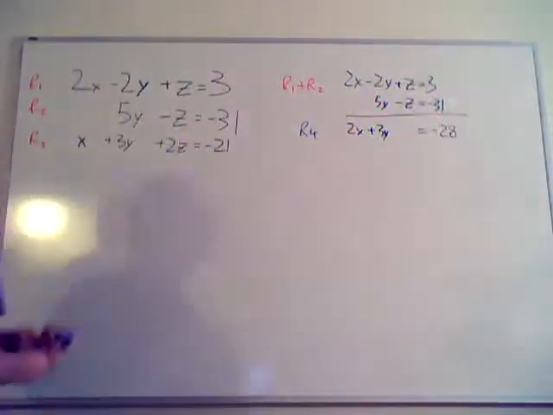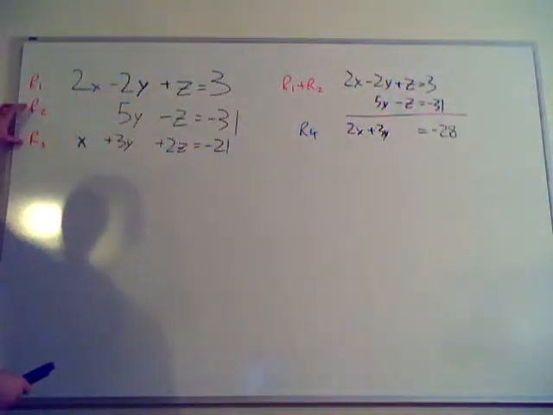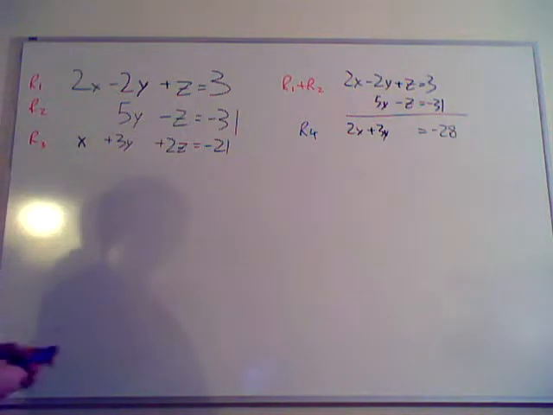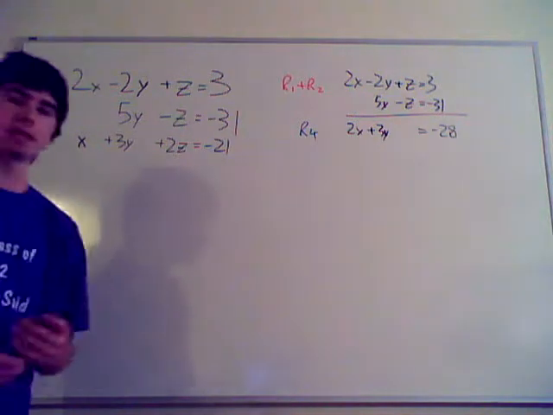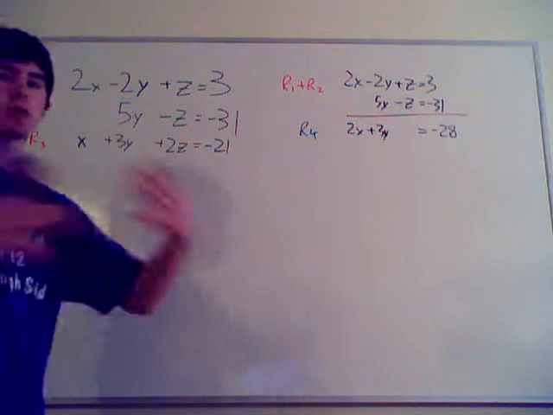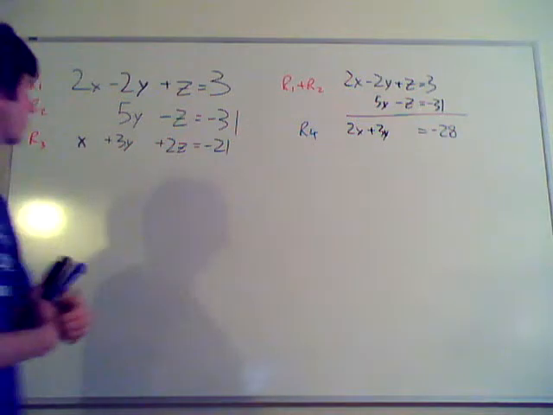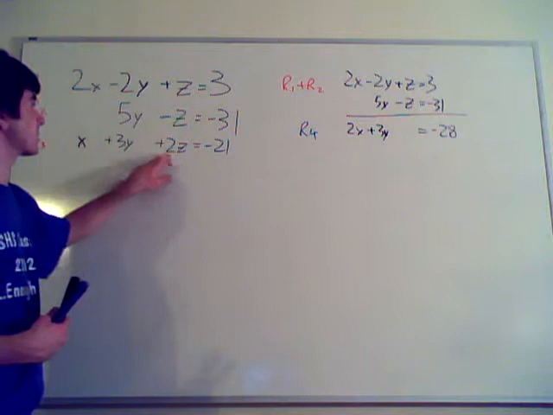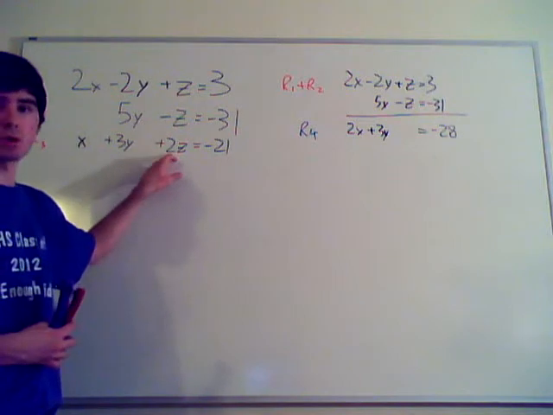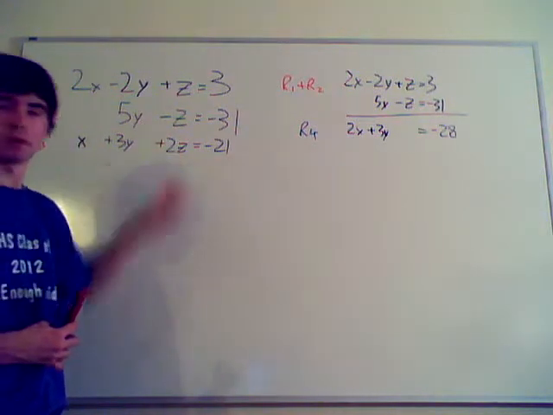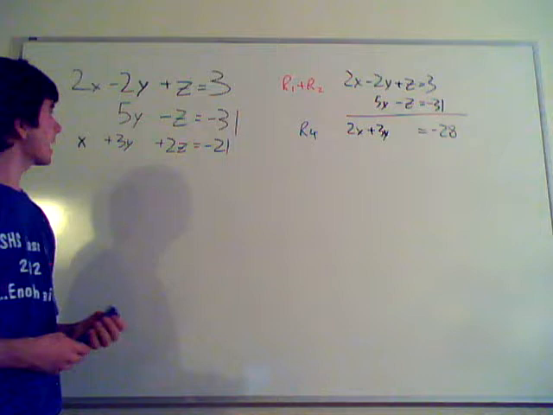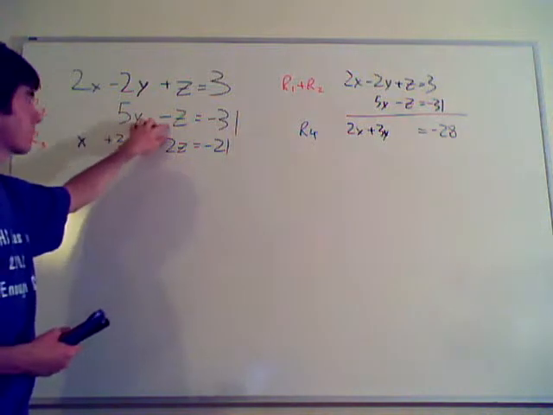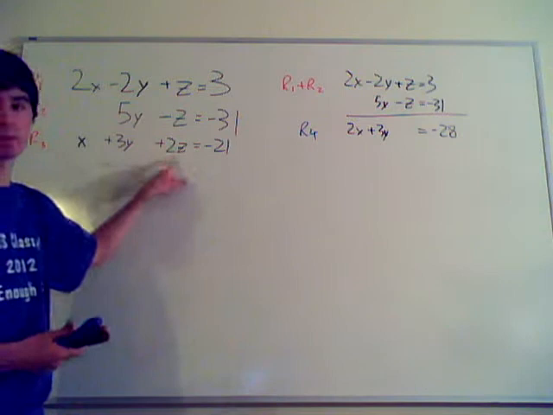Now, the next step is you look at row 2 and row 3, and you do the same thing that you just did. Okay? But since you picked z for the variable, you have to go again with z. So if you look at the z's in R2 and R3, we see that this is negative z, this is plus 2z. So we have to multiply this row by 2, so that we get negative 2z, and that cancels with positive 2z.